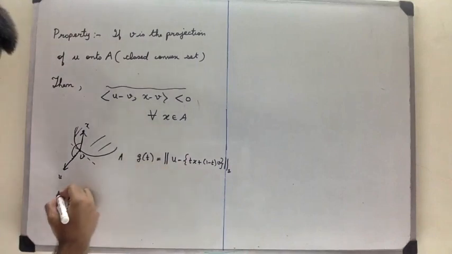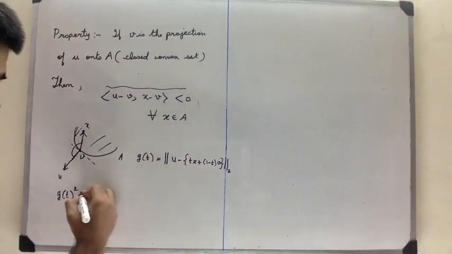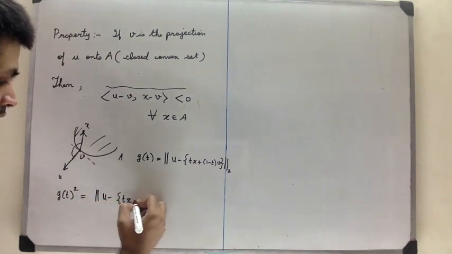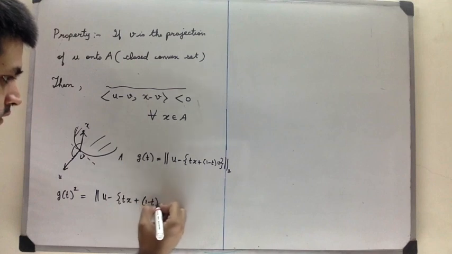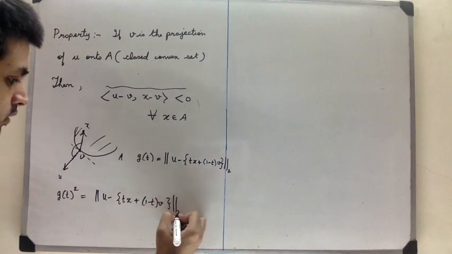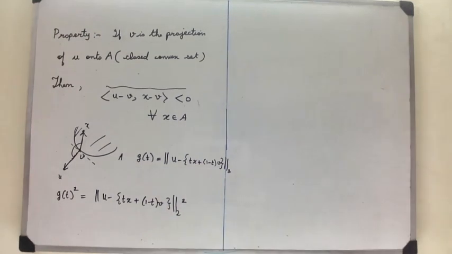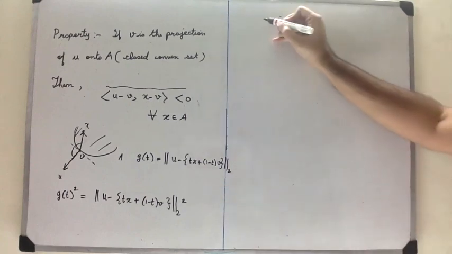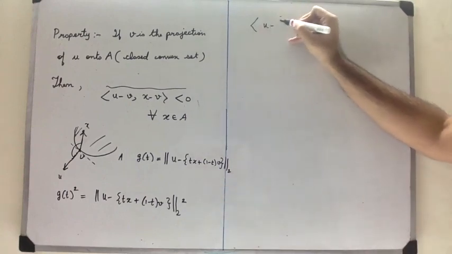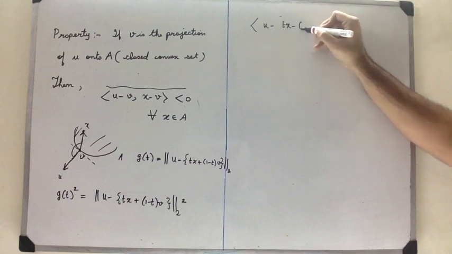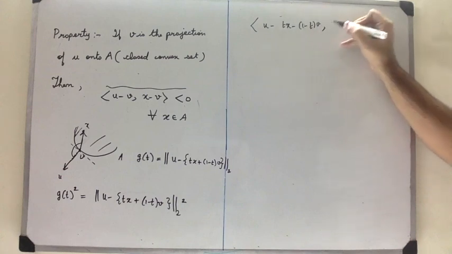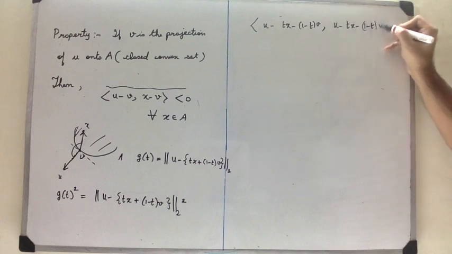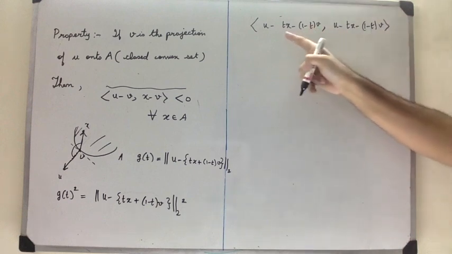So we'll expand g of t. We can continue to expand this. You write this norm square in terms of inner product, and we'll collect the first order terms in t.